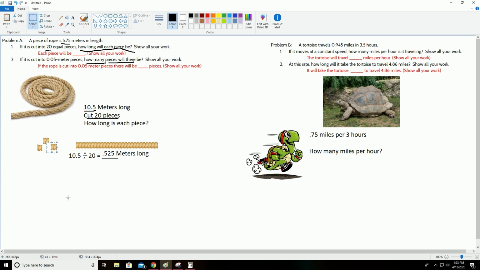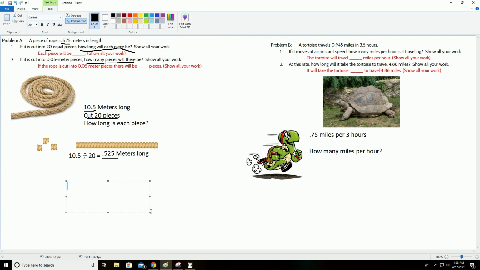Okay? So I'm going to still stay with my 10.5 meters long, like in my first problem. And I still want to divide, so I'll leave a little space so I can draw my division symbol in. And this time I want to see how many pieces I can get from pieces that are cut into this size.